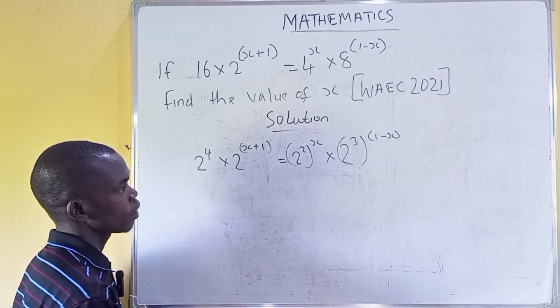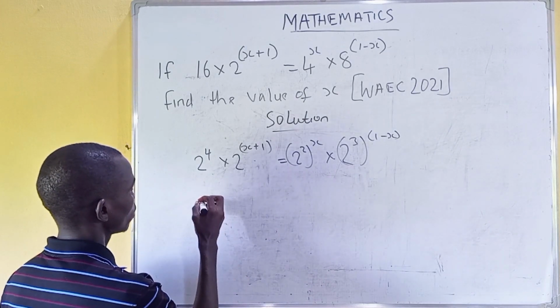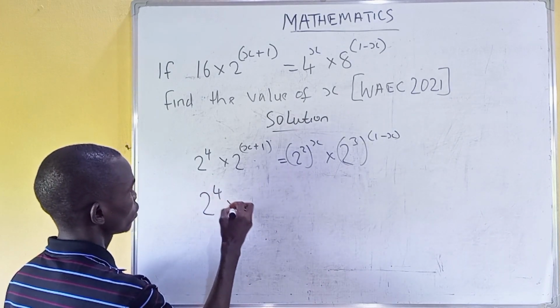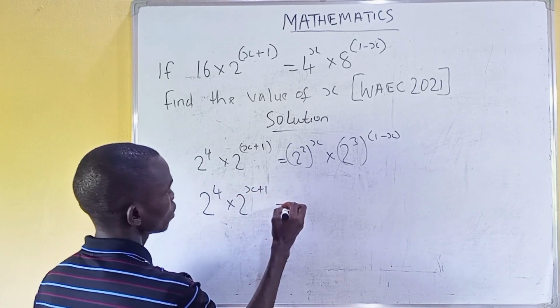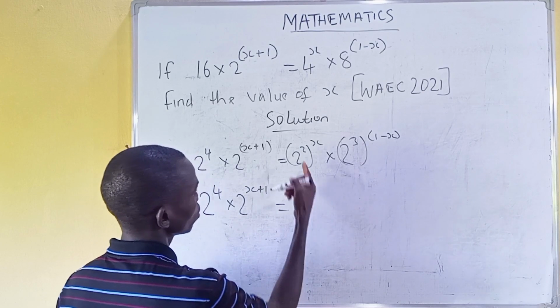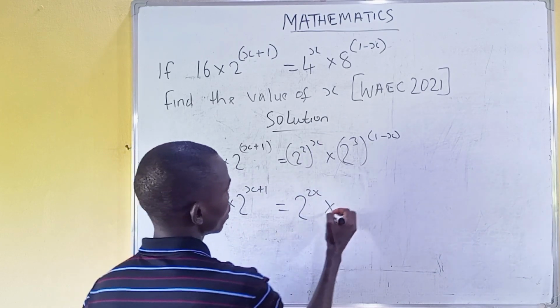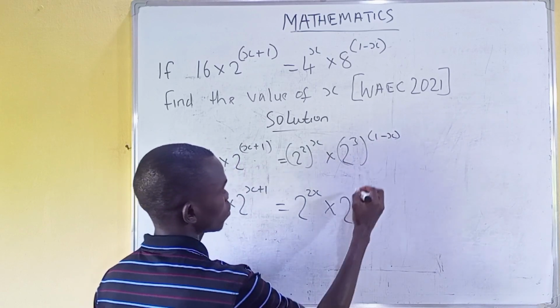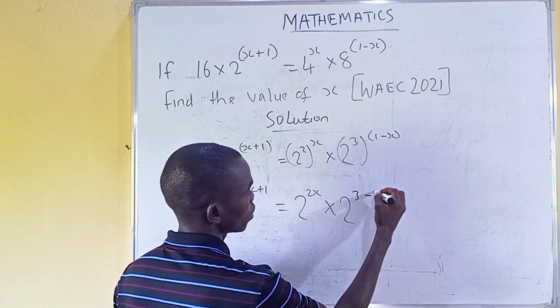This is the product power law and this is the product power law. So the question will now be 2 raised to the power 4 times 2 raised to the power s plus 1 equals 2 times s will now be 2s, times 2 times 1 will now be 3, minus 3 times s will now be 3s.